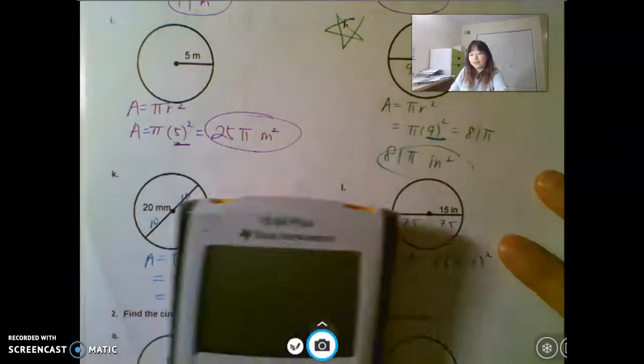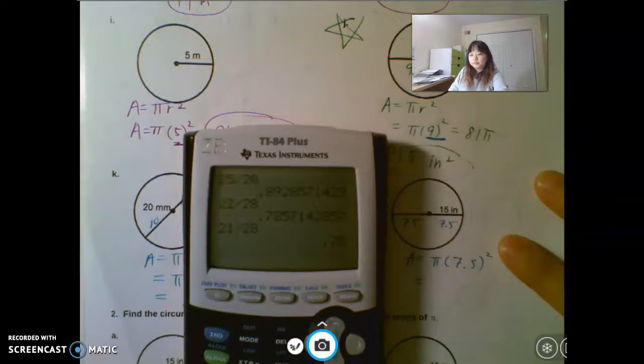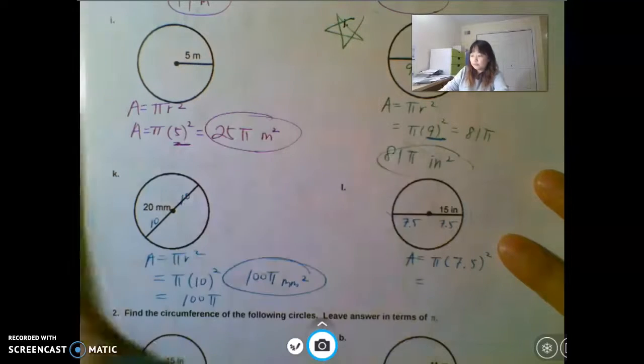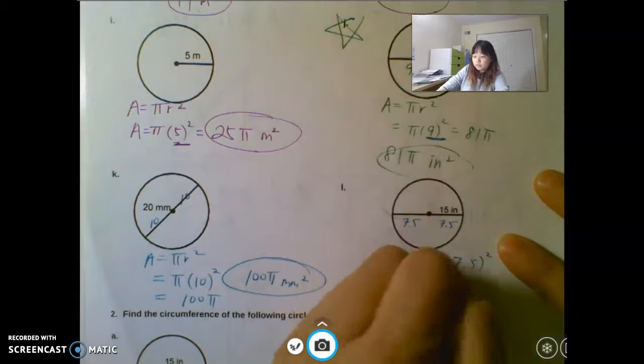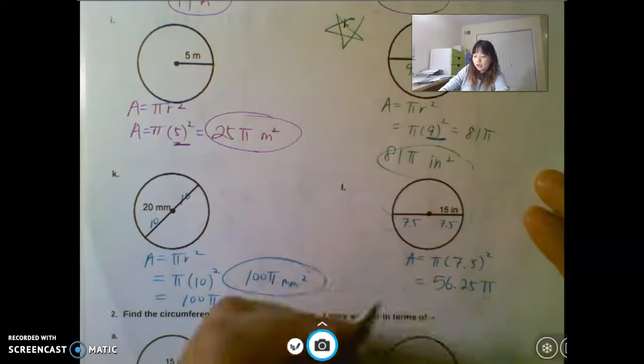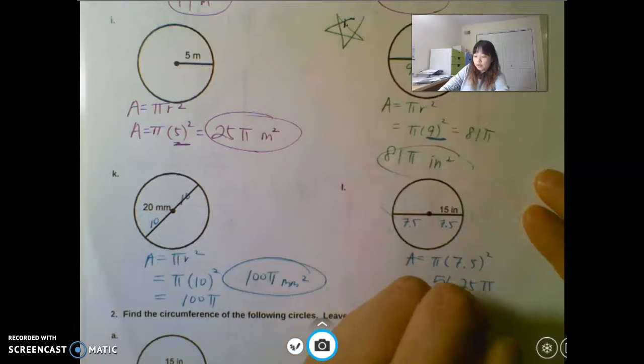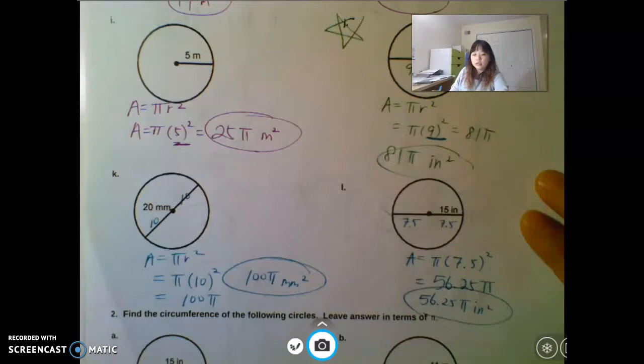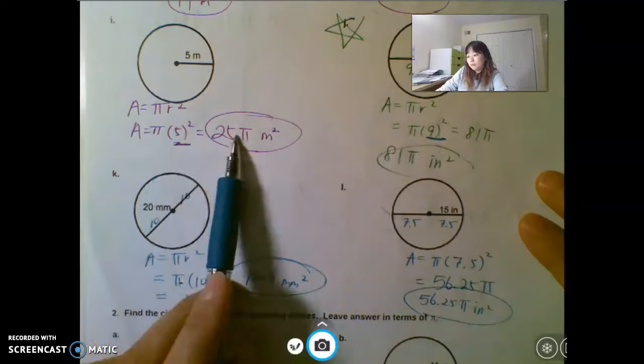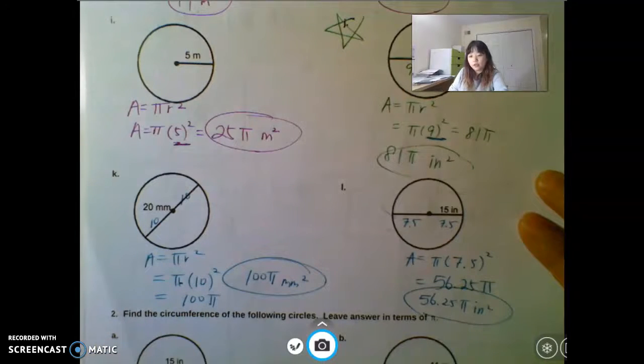Now I need a calculator. 7.5 squared is 56.25, so 56.25 pi inches squared. These pi's, you have to attach it almost like a letter X, but don't put it in the calculator.